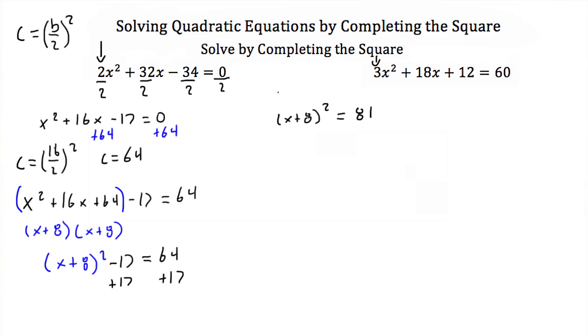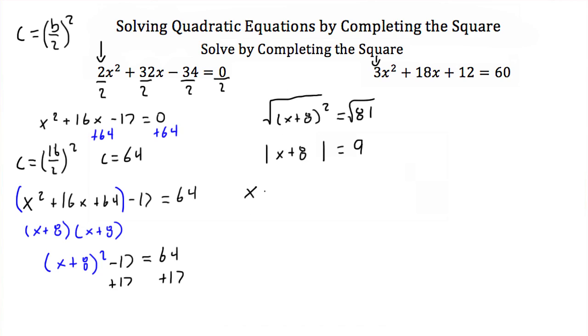Now if I want to solve this for x, I have to take the square root of both sides. If I take the square root of a square, I end up with the absolute value. So we have the absolute value of x plus 8, and that's equal to the square root of 81, and the square root of 81 is just 9. Now if I drop the absolute value, I have to consider both the positive and negative versions.